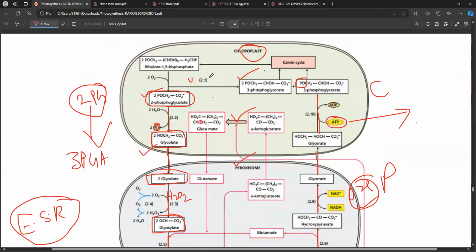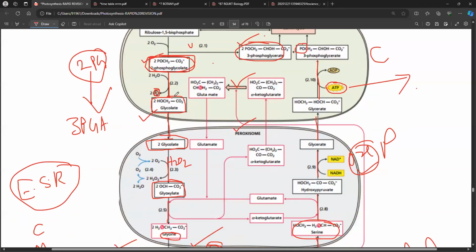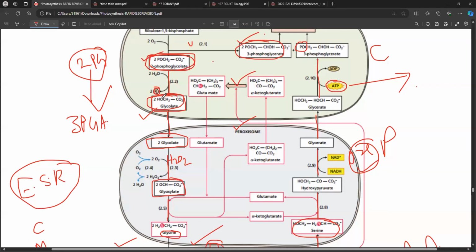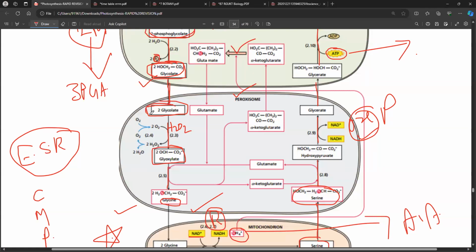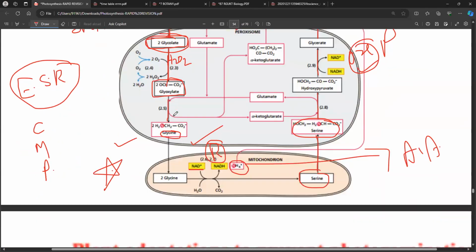Follow me, everyone. Whenever Rubisco fixes oxygen, we get 3-phosphoglycerate and 2-phosphoglycolate. That 2-phosphoglycolate loses the phosphate group and is converted into glycolate, which enters the peroxisome and is converted into glyoxylate.